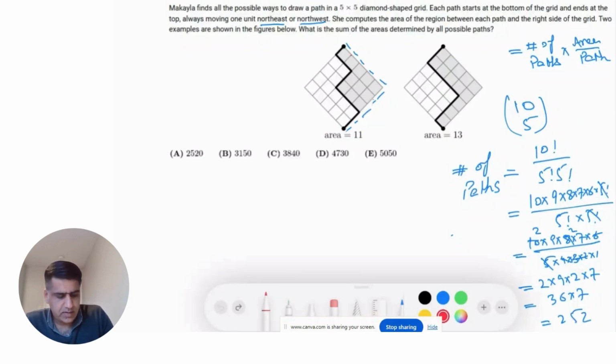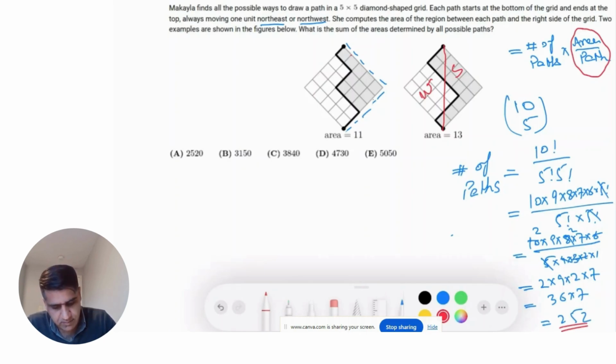Now let's see how we can calculate area per path. So we have 252 paths, and it is not practical to calculate the area for each of the paths. So what we can do is make an observation. As we know, there are two areas we have divided into, one is white and the other one is shaded. So if I divide this square with this diagonal line, I can notice that each path will have an inverse path.